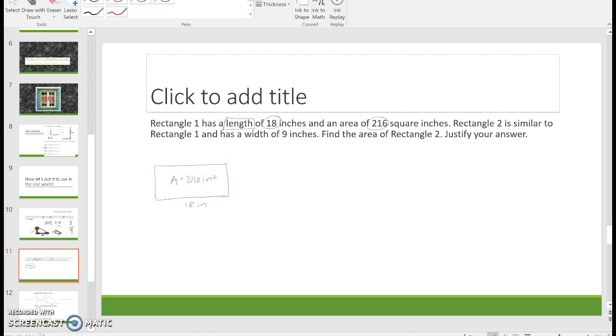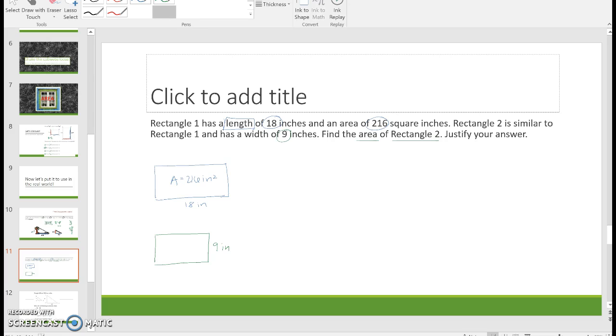Rectangle 2 is similar, so we know the side lengths are proportional, and has a width of 9 inches. So here's my second rectangle. I don't know if it's bigger or smaller, I'm just going to guess. Find the area of rectangle 2.